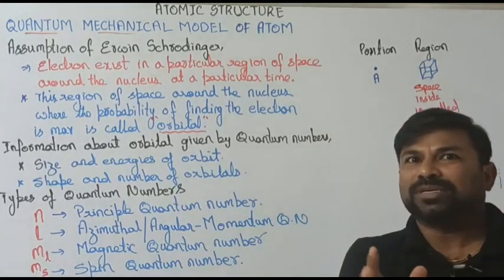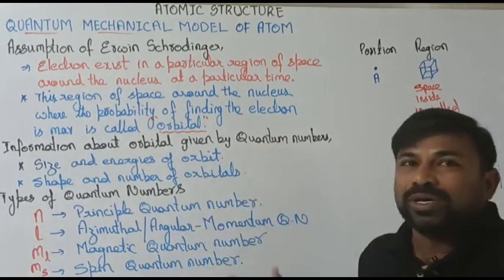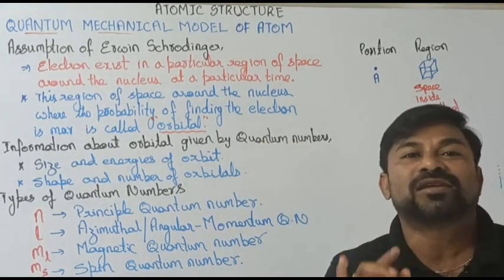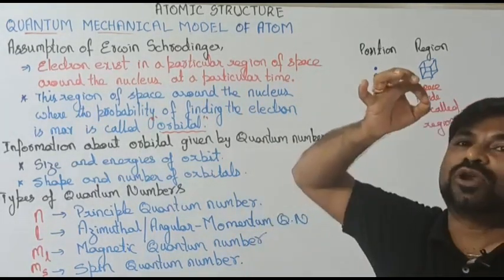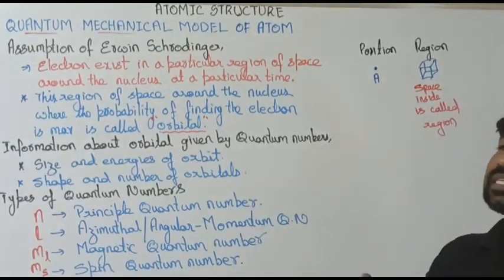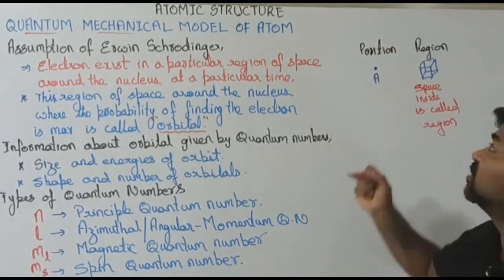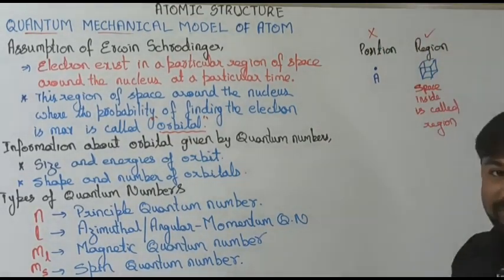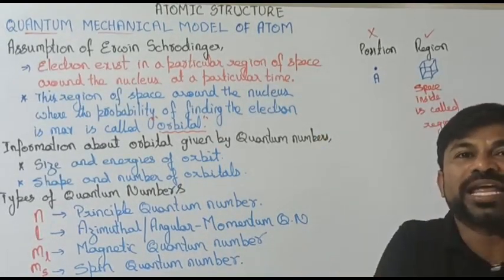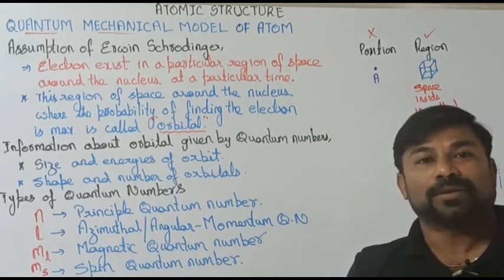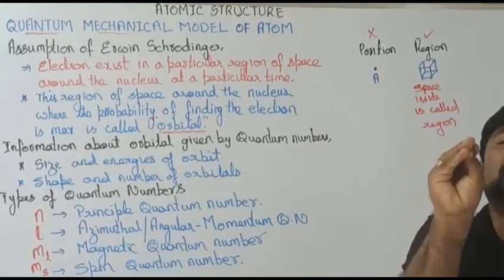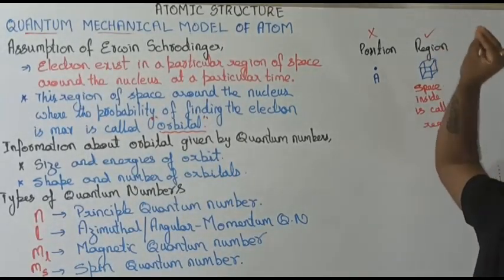Now, what Mr. Erwin Schrödinger has said, based on the experiment, is that the electron is not present at a particular position at a particular time. That is what he says. There is no exact position of any electron at a particular time, but there is a chance of the electron existing in a particular space.